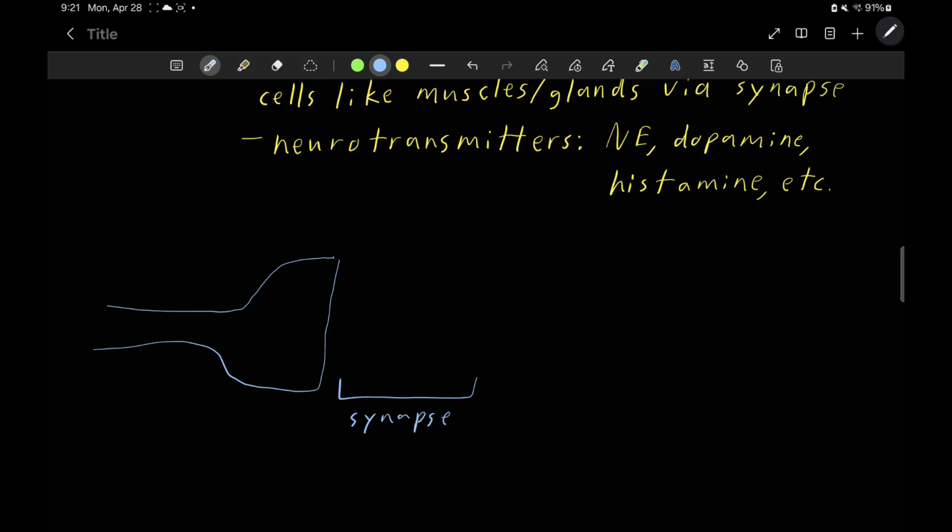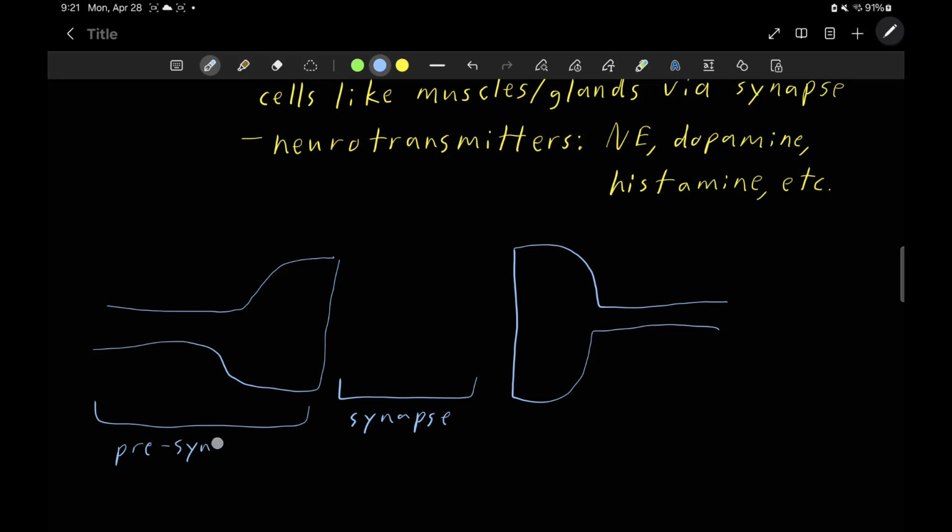And then after the synapse, you can have, let's say, another neuron. The neuron that comes before the synapse is called the presynaptic neuron. And the one that comes after the synapse is called the postsynaptic neuron.